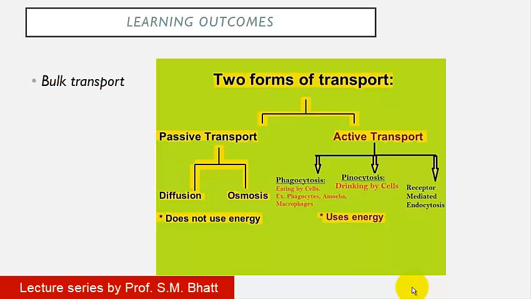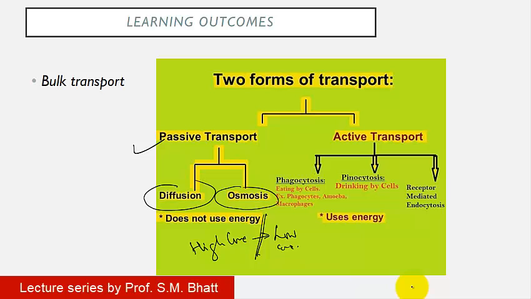There are two forms of transport: passive transport and active transport. Diffusion and osmosis you can classify as passive, because they do not involve any energy. They are moving from high concentration to low concentration across a semi-permeable membrane, that's why they don't need any energy.